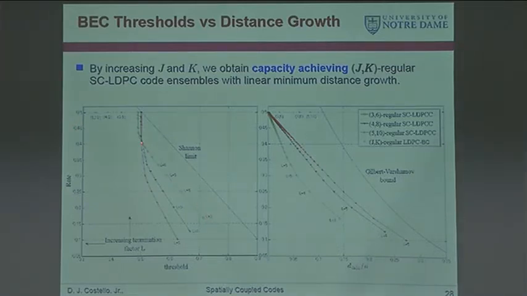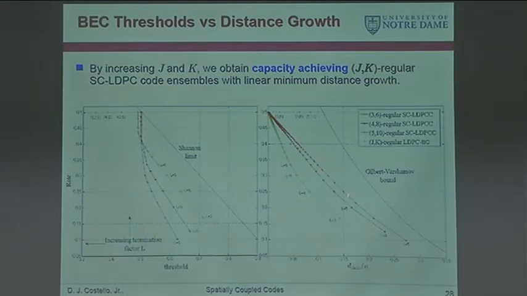You don't start getting close to capacity until you get a large L, which gets you up to the nominal rate of a half of these ensembles. And it's the same with the 4/8 and the 5/10. Actually, the 4/8s and the 5/10s are worse than the 3/6 in terms of threshold if you terminate them with short L. It's not until the L gets fairly large and the 5/10 becomes better and actually almost gets the capacity.